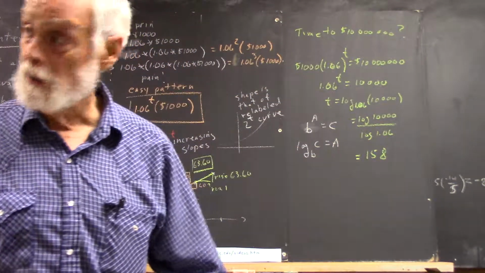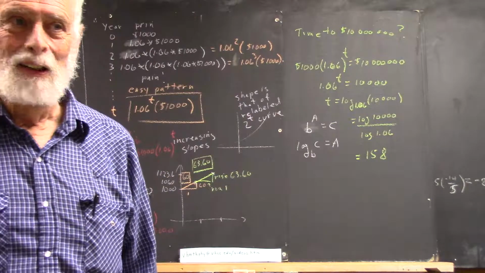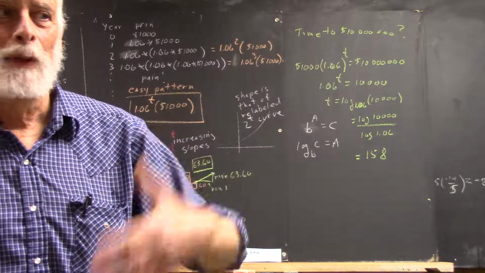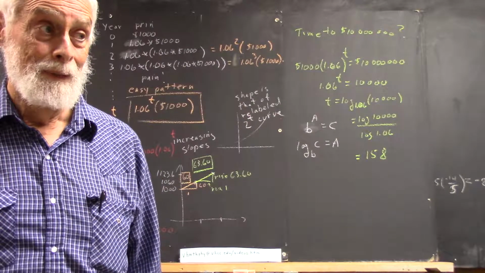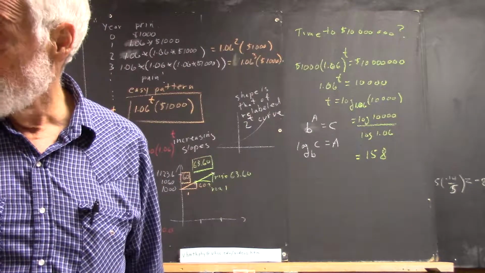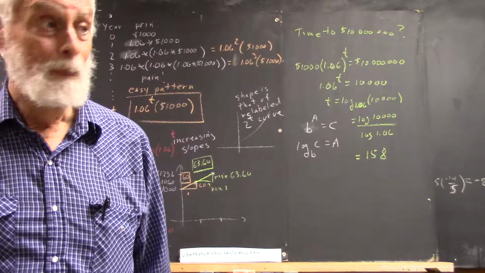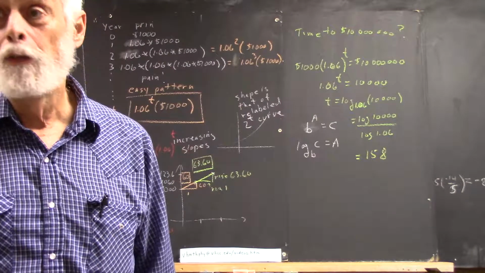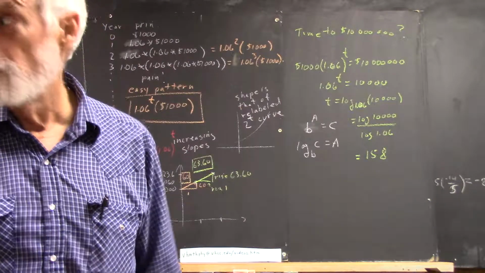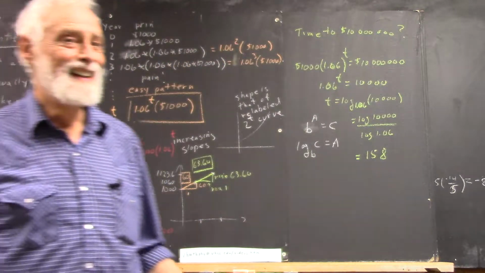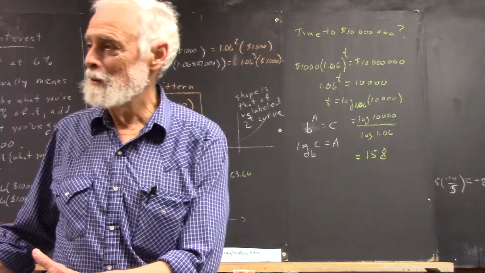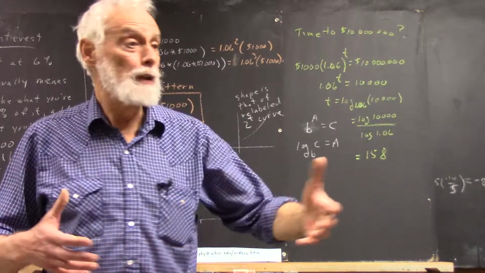If you have more realistic goals, how long is it going to take you to get from 1,000 to 10,000? Still going to take a while, 40 years or so. Just 40 years ago I was working here. If I'd invested 1,000 then, it'd be worth 10,000 now.